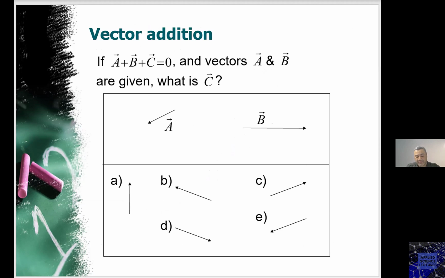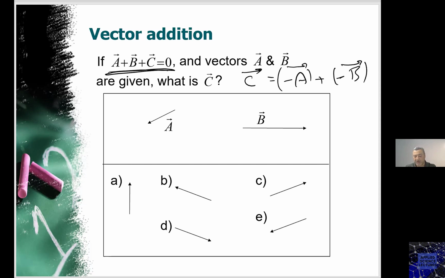In this example here, I have A plus B plus C equals 0, those three vectors. And vectors A and B are given. What is C? C, indeed, is minus A, if you think about it, plus minus B. Is that right?